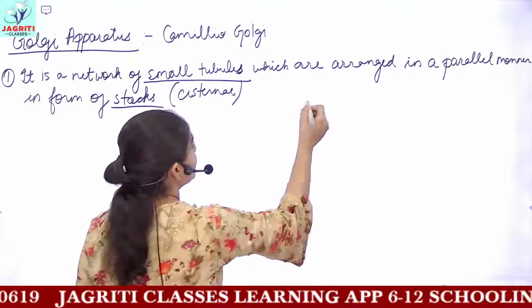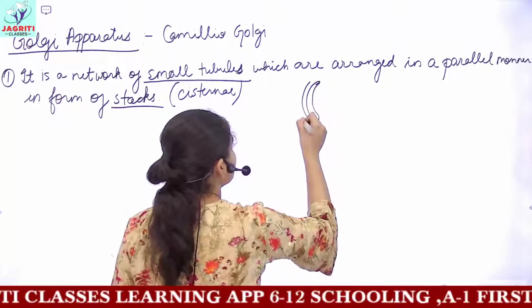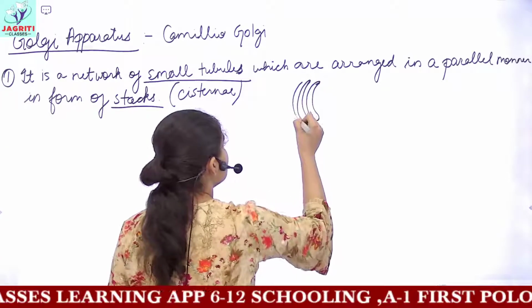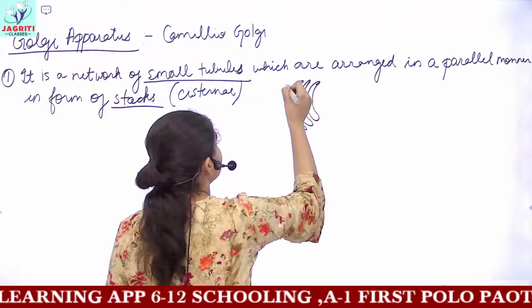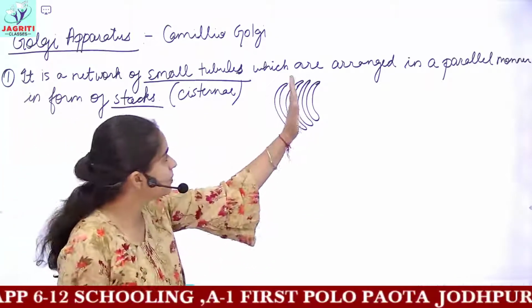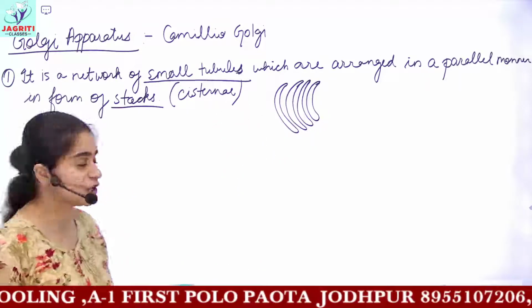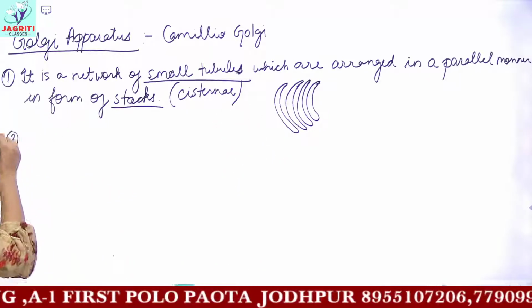So Golgi apparatus looks something like this in structure, and you can see its structure better in your books. In this manner, Golgi apparatus is a network of fine tubules arranged in a parallel fashion.